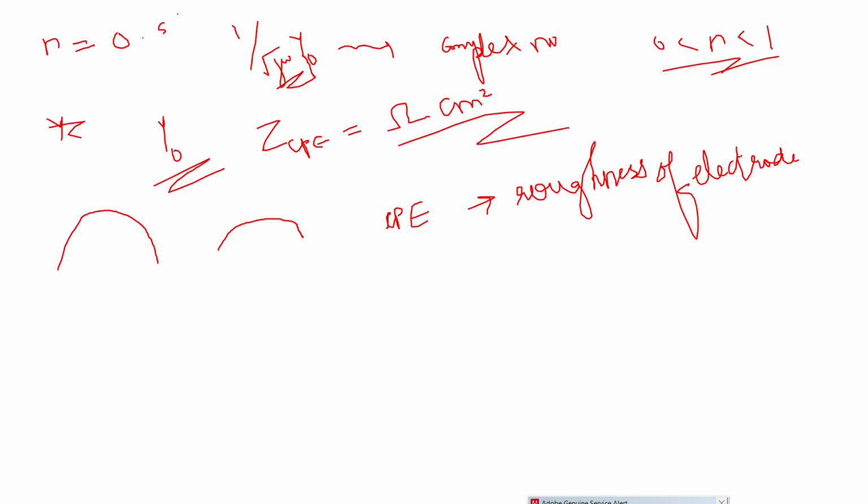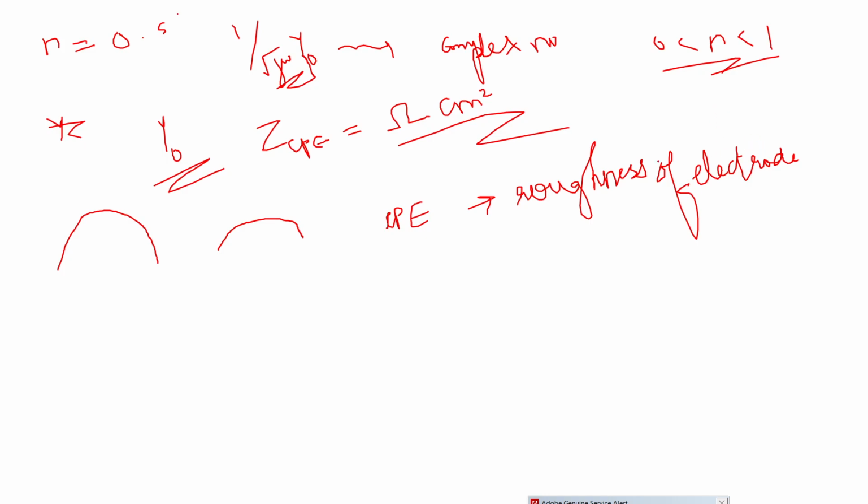So here it is reported that the difference between the CPE value and a pure capacitance value is because of the roughness of the electrode.